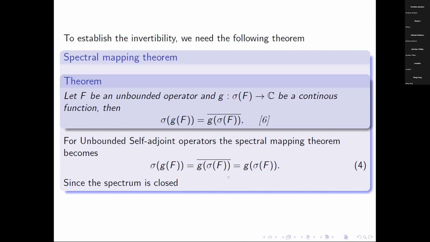Therefore, in equation 4, the closure of g of the spectrum of F is closed, so it is just equal to the set itself. Therefore, we drop the closure and simply say that the spectrum of g of F is equal to g of the spectrum of F.